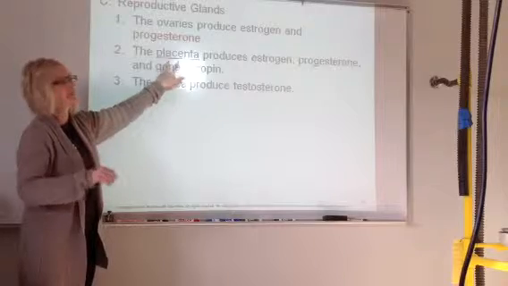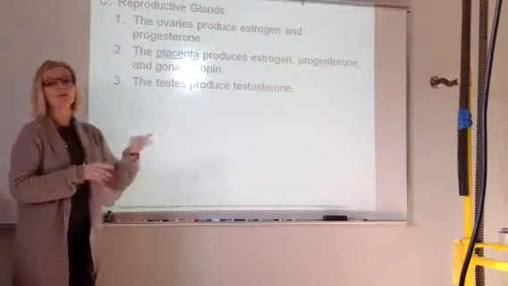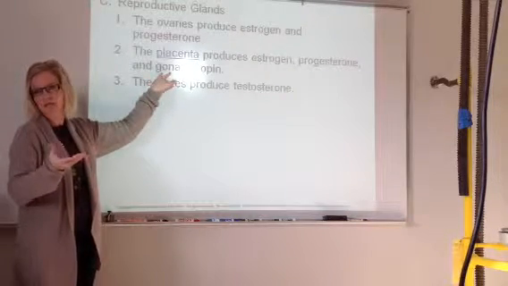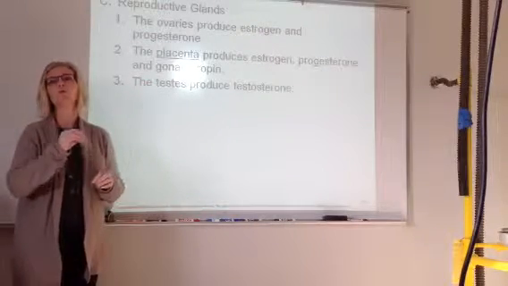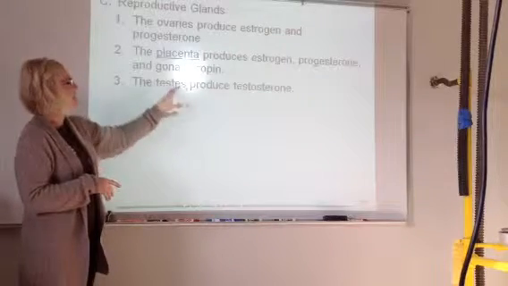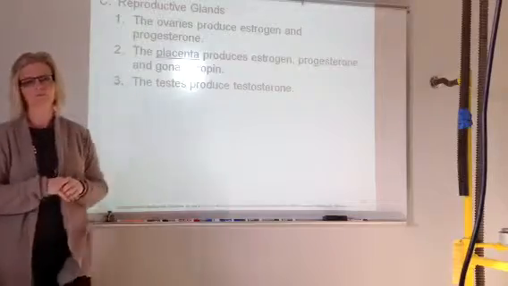It is specifically just when a woman is pregnant. So there are hormones, which is why when you take a pregnancy test, the positive or negative, there are hormones that are only produced when a woman is pregnant. Testes, their main hormone is testosterone.